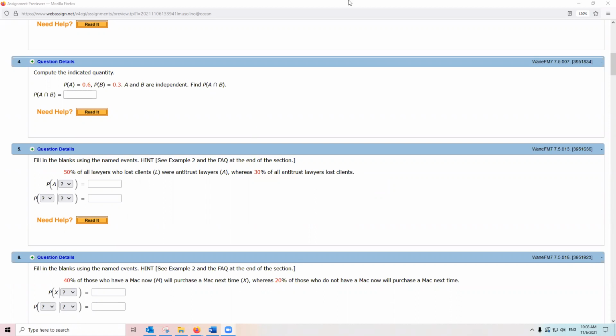So it looks like they're defining event L to be lawyers who lost clients. Okay. And then event A is the event that a lawyer is an antitrust lawyer.